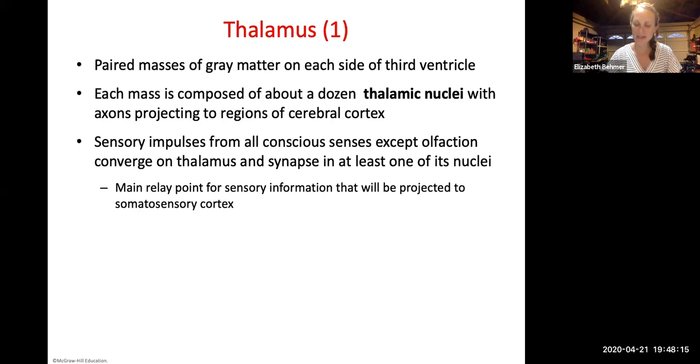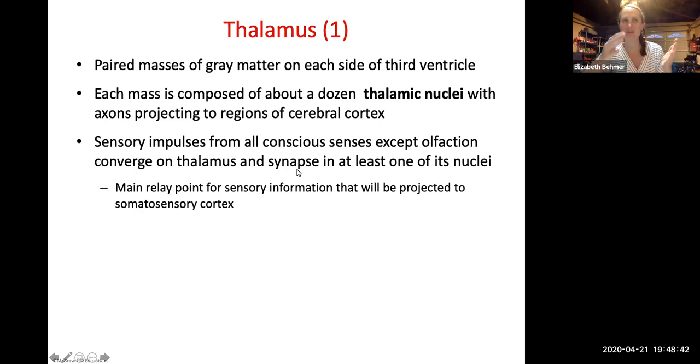So your thalamus is the answer to number 14, and it's an incredibly important part of the brain. These are paired masses of gray matter that lie on each side of that third ventricle space. And the big thing I want you to know about the thalamus is that all sensory impulses from anything consciously perceived except smell converge or come to the thalamus and synapse.